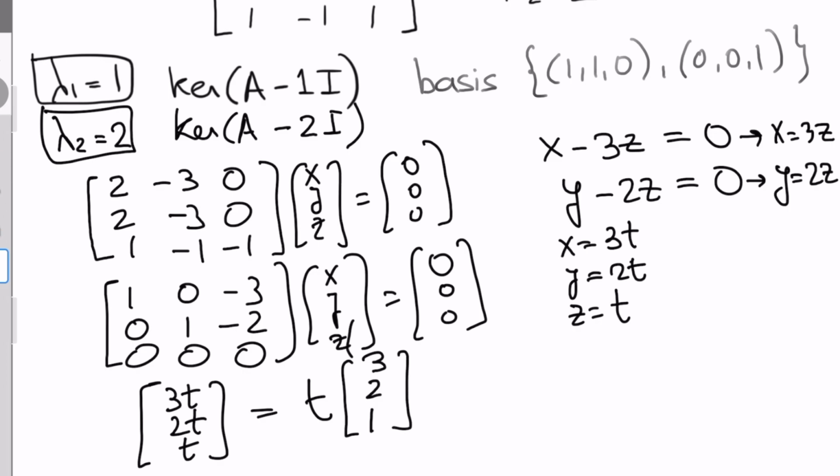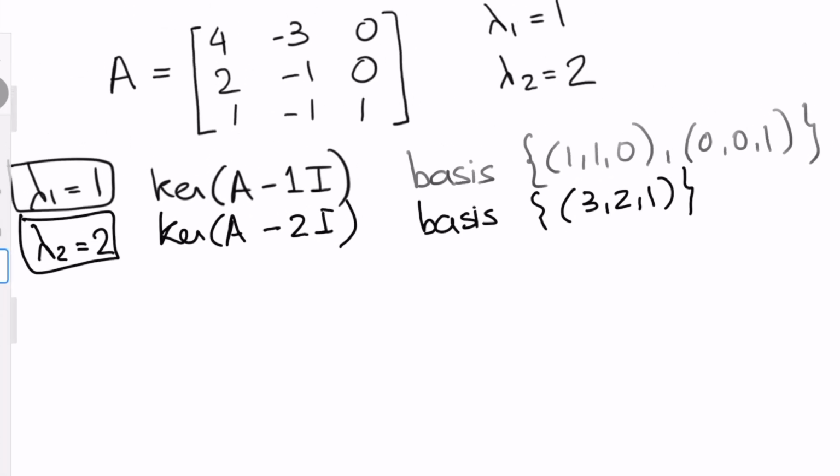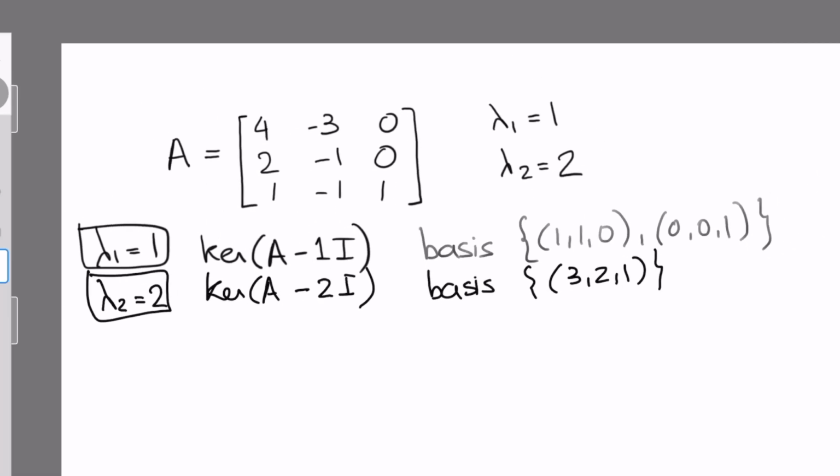And so we got that the vector 3, 2, 1 is the basis for this eigenspace. So the basis will be just given by this vector, the vector 3, 2, 1. Okay, so we finished then. We have all the first steps, right?